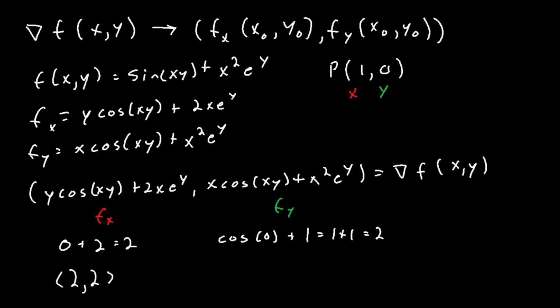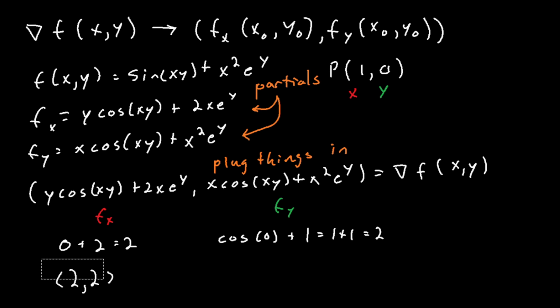So to recap, all we did was find the partials. And the next thing that we did was plug in the values of our point into the partials. So whatever value we get for this gradient after plugging things in from the point that we choose to find the gradient for, we get a vector.